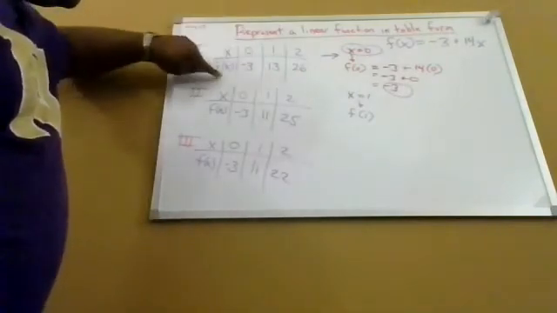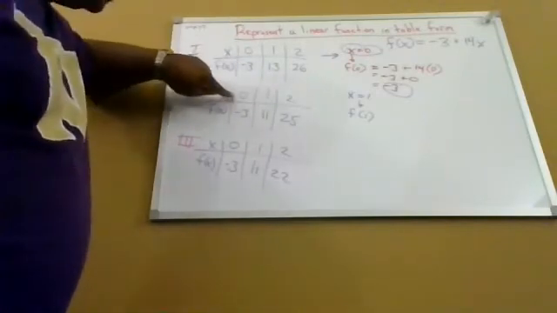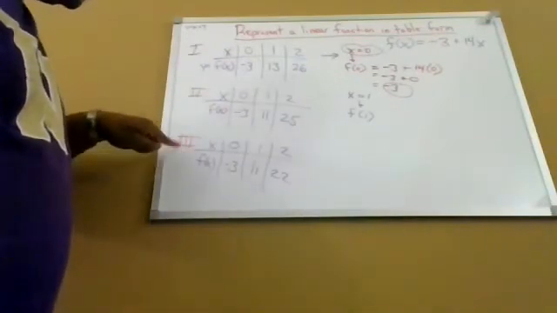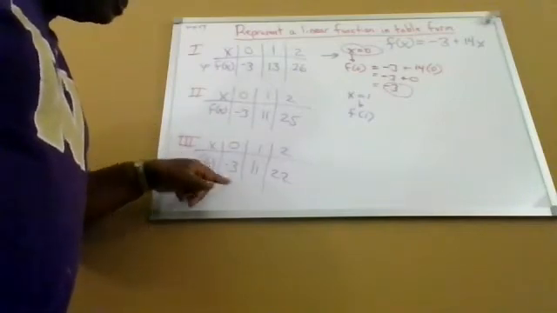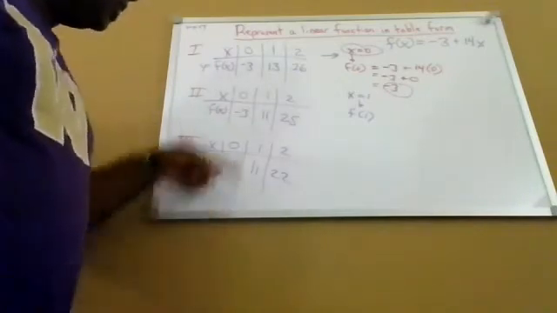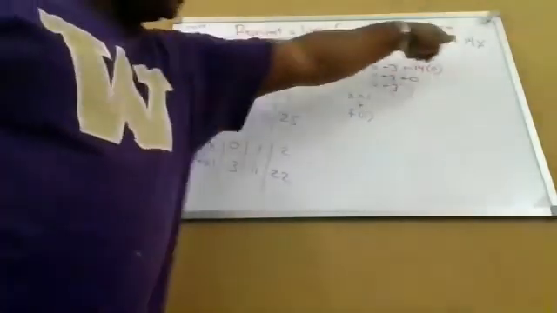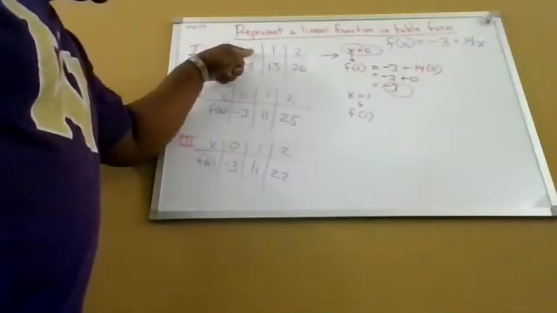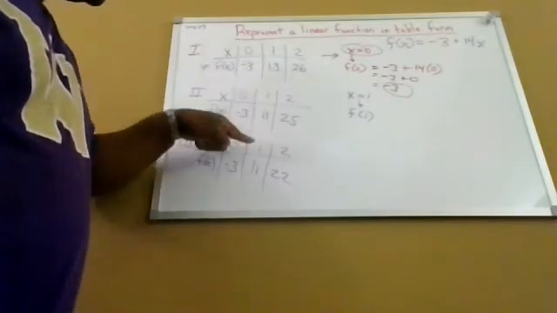X equals 0, y equals -3. Table 2, when x equals 0, y equals -3. In table 3, x equals 0, y equals -3. Well, since all these values satisfy this equation, that's the reason why I'm moving to my next set of x and y values.